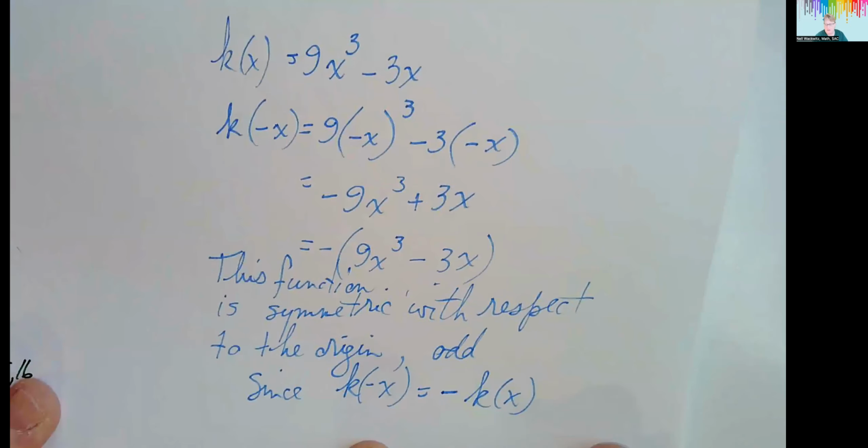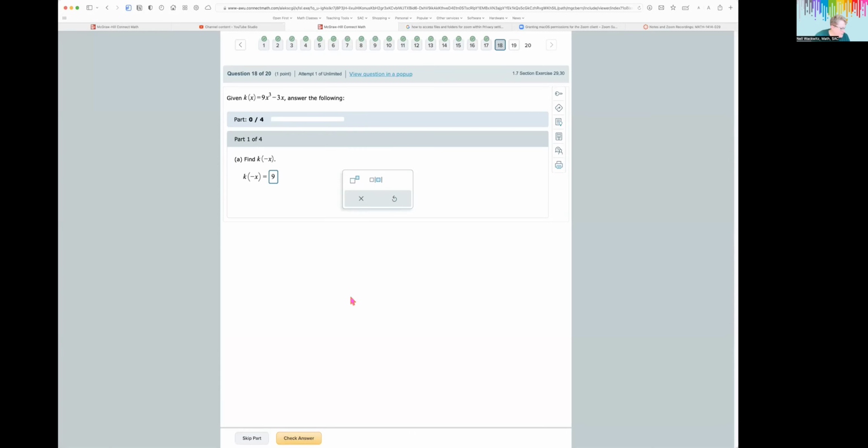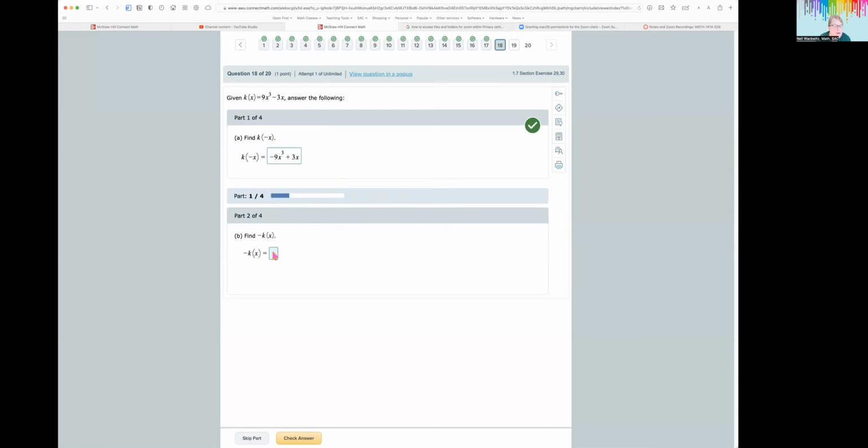Cool. Let's go back to the homework. So let's type in negative 9x cubed plus 3x. That's exactly what k of negative x is. And we already saw that that is exactly the same as negative k of x.